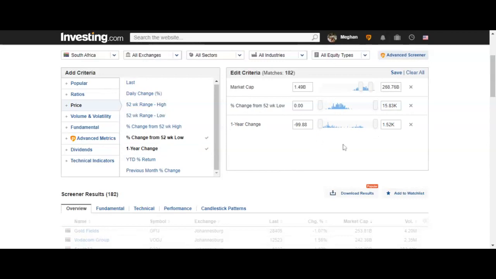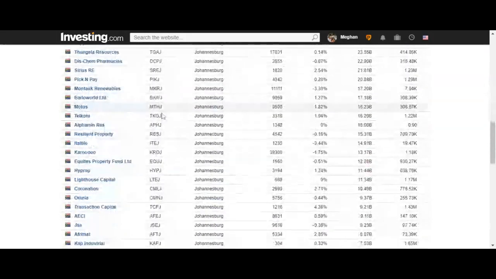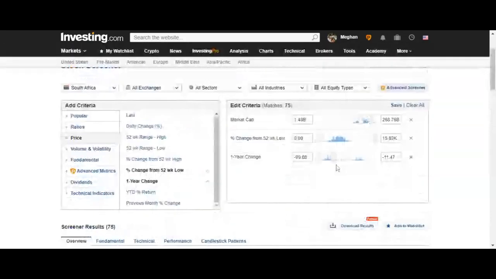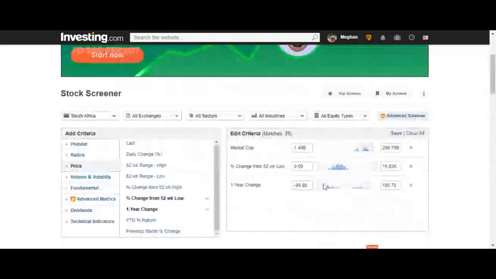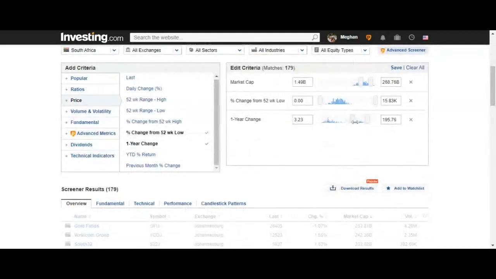For the 1 year price change, we want all the stocks that have gone down by more than 11% in the recent past. Here we have it. All of these stocks. What if we wanted it to be the shares that had done really well? We could change this to reflect higher percentage movements.